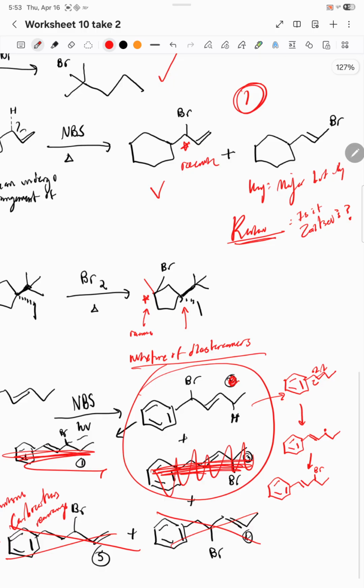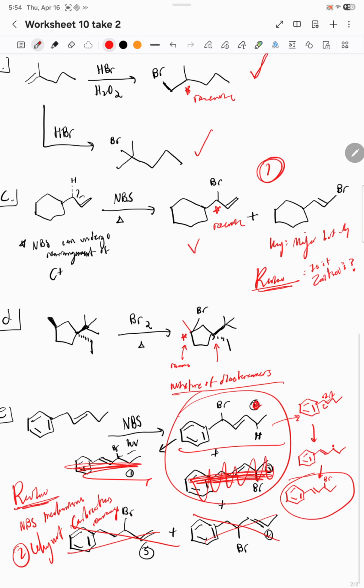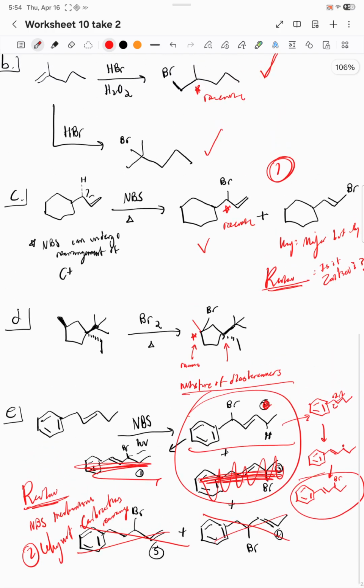That's our second product. It's this product and this product. Now let's use deductive reasoning. Why aren't the other possibilities possible? Because we are not looking at a hydrogen shift. It's not a carbocation, it's a radical. That's why there are only 2 possibilities.